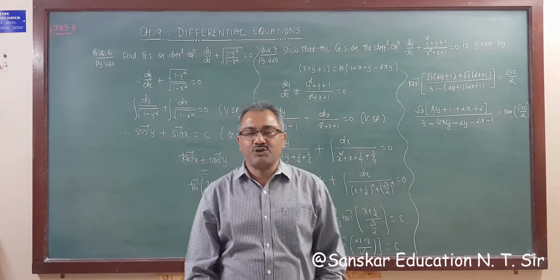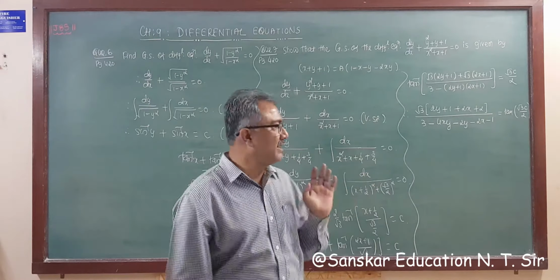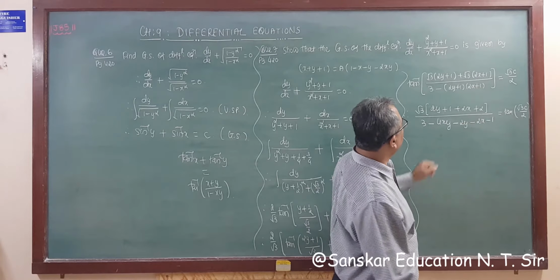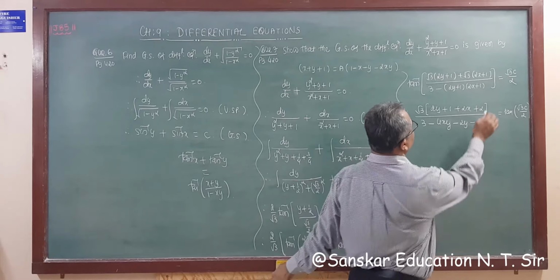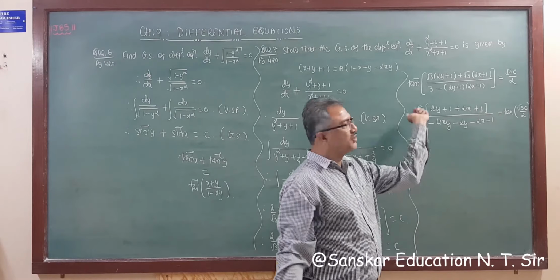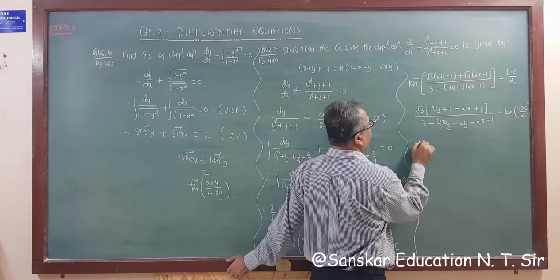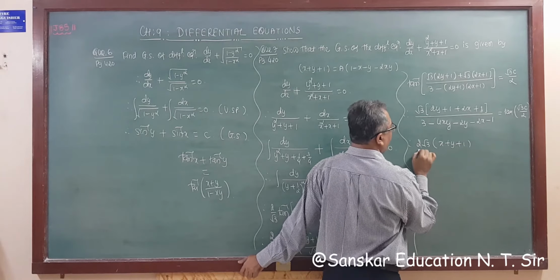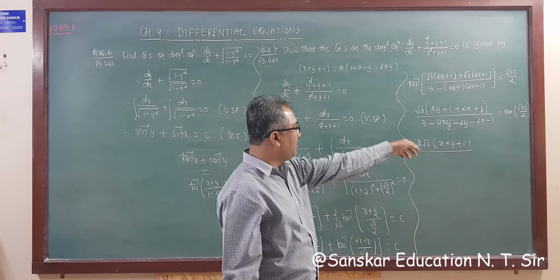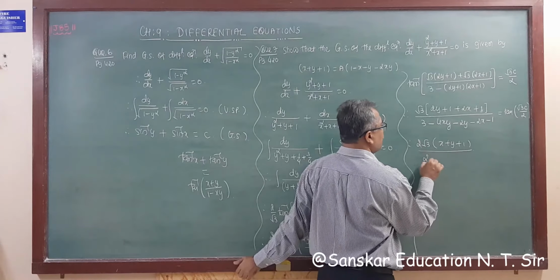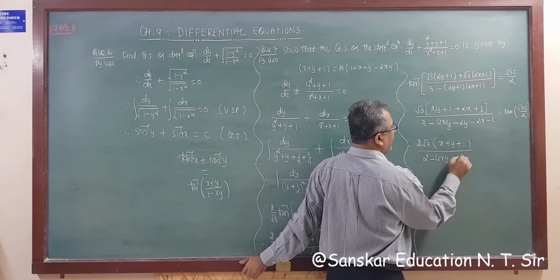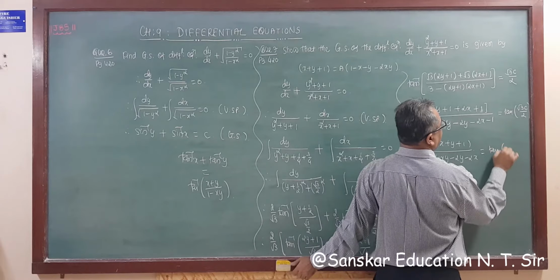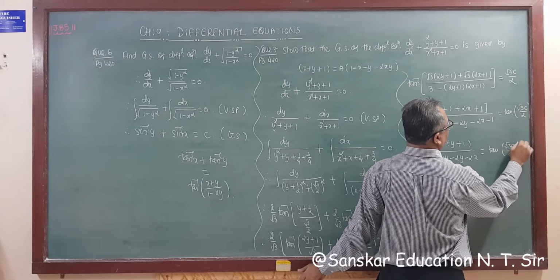Got it? Any problem for you? You know what we do. Okay, so now this is 2x plus 2y, and why are we writing here this plus 1? So plus 2, so taking 2 common we get 2√3 into (x + y + 1), whole upon, here this is 2, so this is 2 minus 4xy minus 2y minus 2x, is equal to tan of √3 c by 2, right?